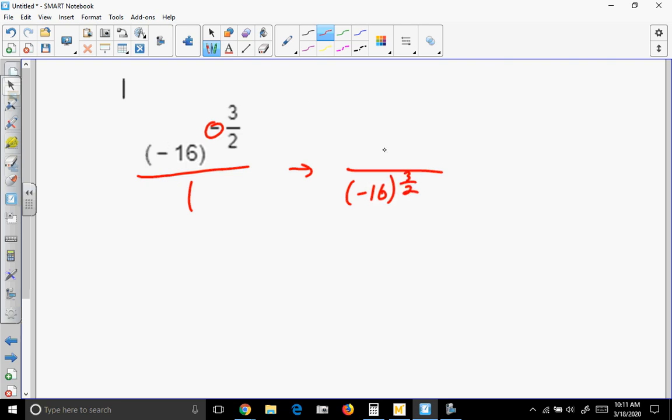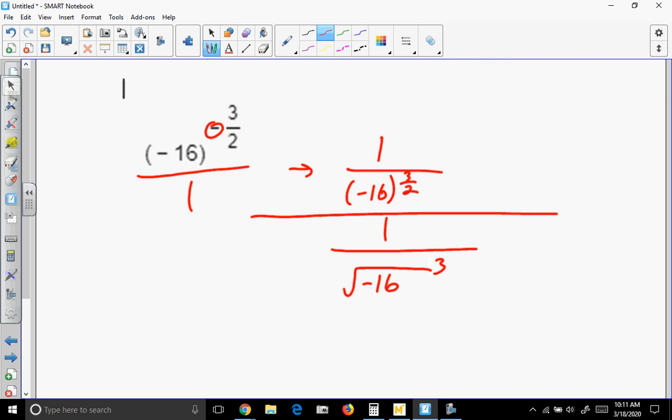If there's nothing left on top, there's a 1 there. So now we need to take the square root of -16 to the 3rd power. And we're going to put a 1 on top.